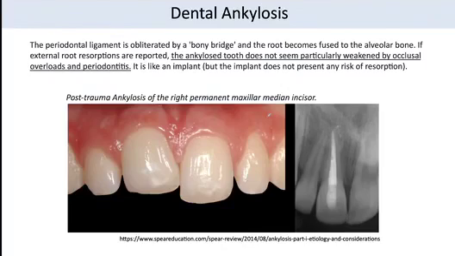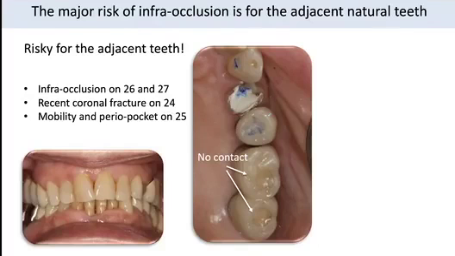I have not done research on this, but I feel periodontal problems are not very frequent in ankylosed teeth. It is the same for implants. But the natural teeth beside the implant are not so strong.